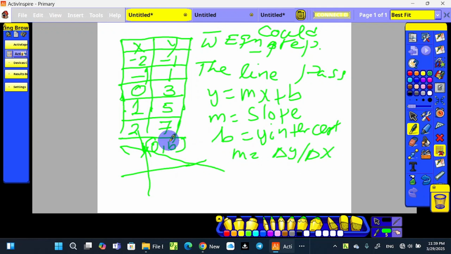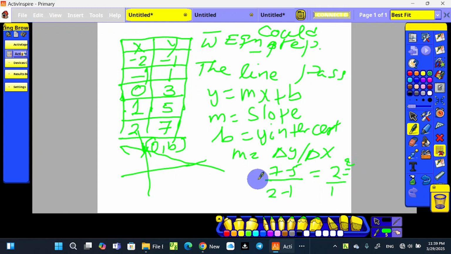To solve this problem, let's take two easy points from the table: the last point, 7 and 5, and 2 and 1. Change in y is 7 minus 5, over change in x, which is 2 minus 1. That is 2 over 1, which is equal to 2.